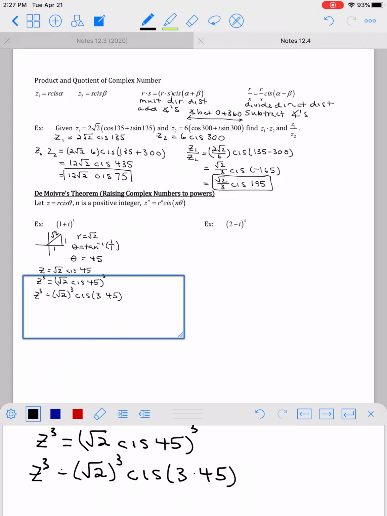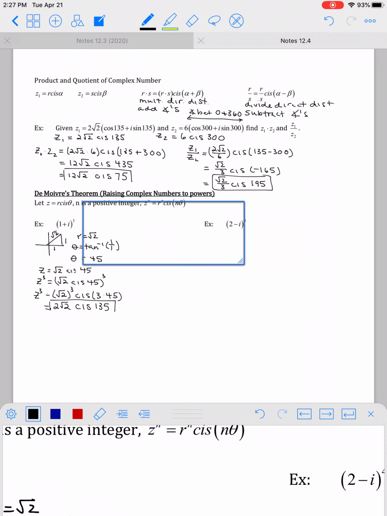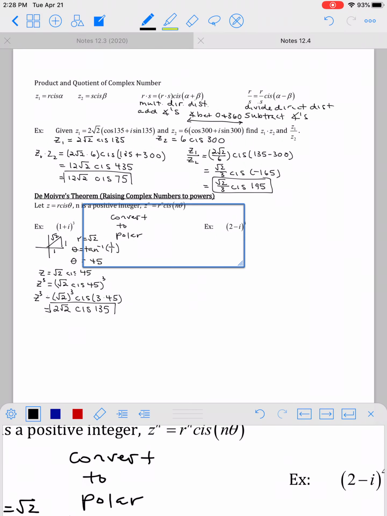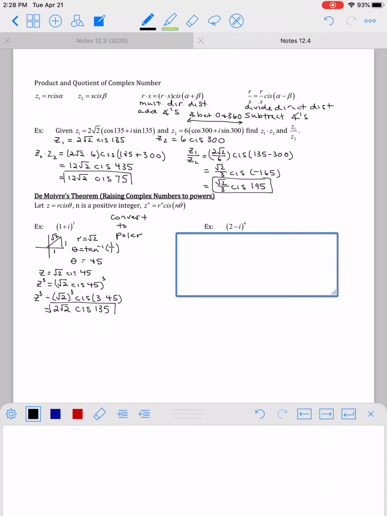That's it. Square root of 2 times square root of 2 is a 2, so 2 square root of 2 cis. 3 times 45 is 135. That's between 0 and 360, and we're done. So the big deal here is convert to polar, because you can't apply de Moivre without polar form.